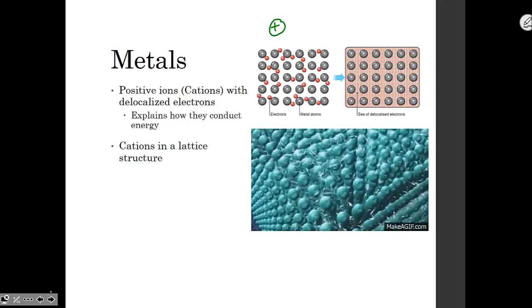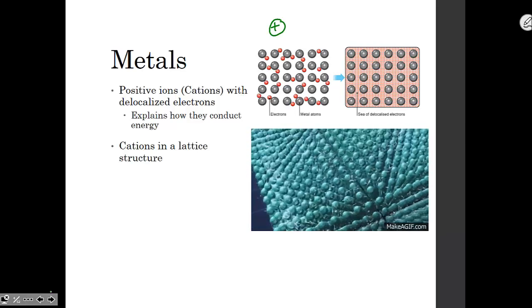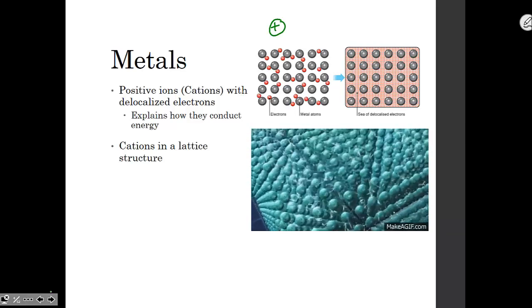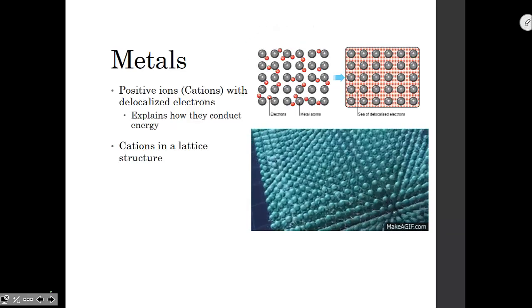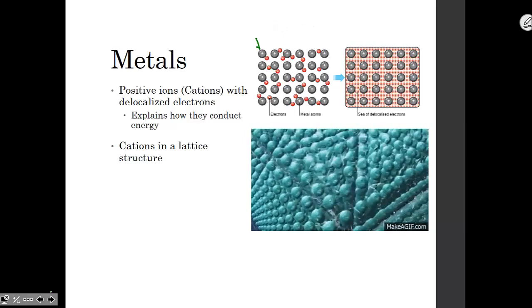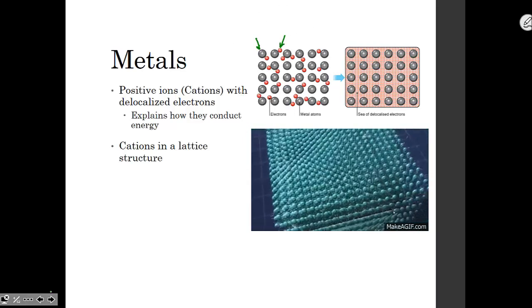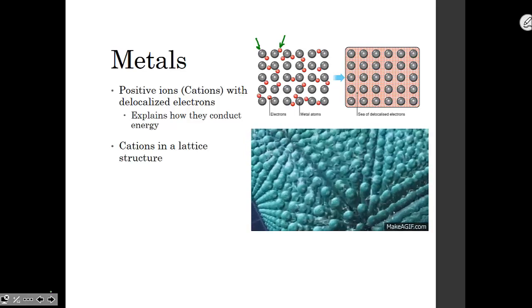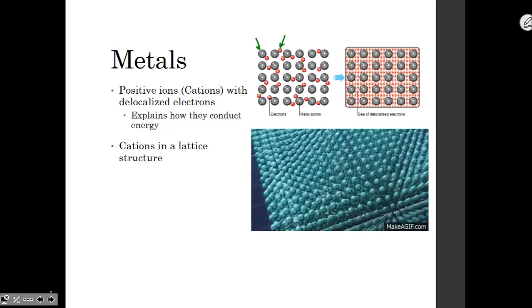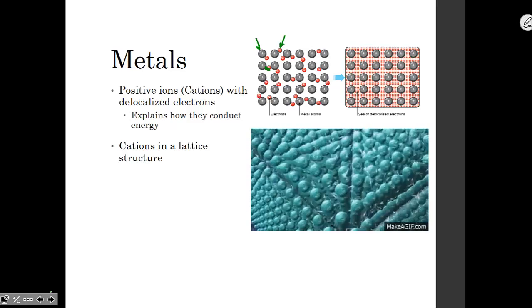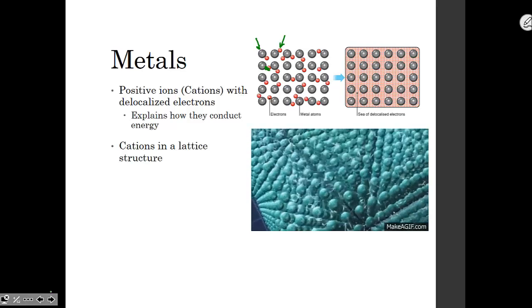Metals exist mostly in this cation state, where their extra electrons they share between them. So metals are often described as cations in a sea of delocalized electrons. These non-directional attractions between the metals and these free-floating electrons is what gives metals their properties.